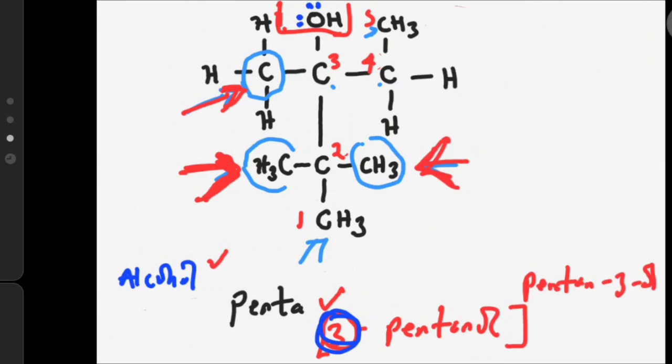So I'm going to wipe all this. Now, as you can see clearly that our substituent is on the second carbon, 2 of them on the second carbon, while if you go further, there's another substituent on the third.